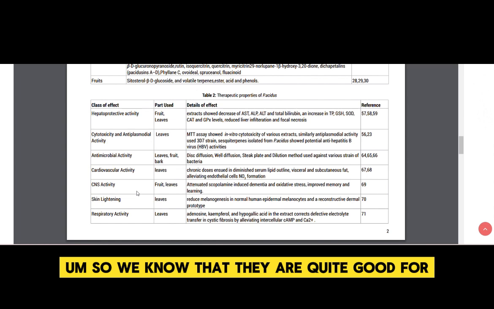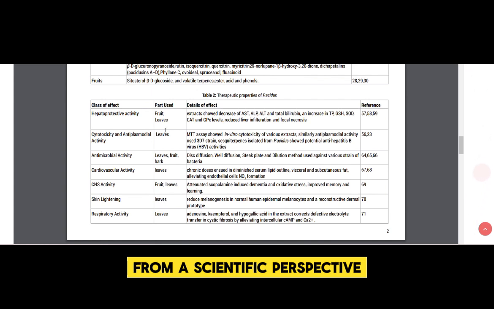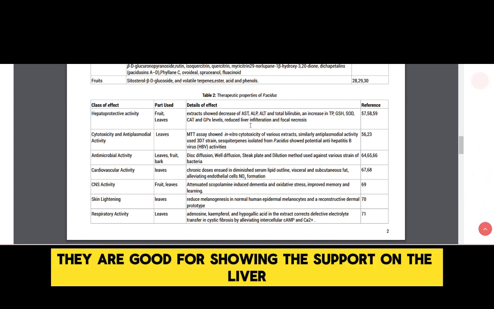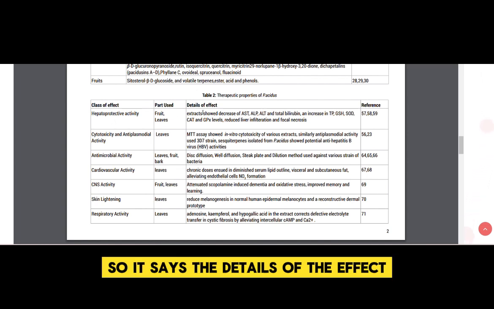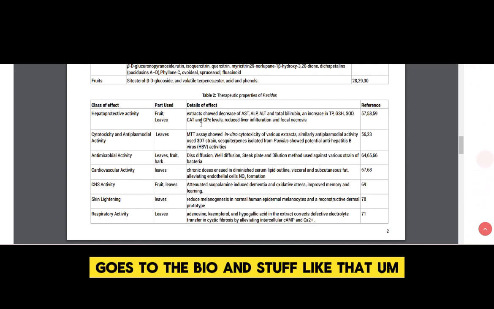So from a scientific perspective, we see they are good for supporting the liver. The extract shows decreasing AST, ALT, and ALP, and also the total bilirubin, which is dead red blood cells that come to the liver, go to the bile and so on.